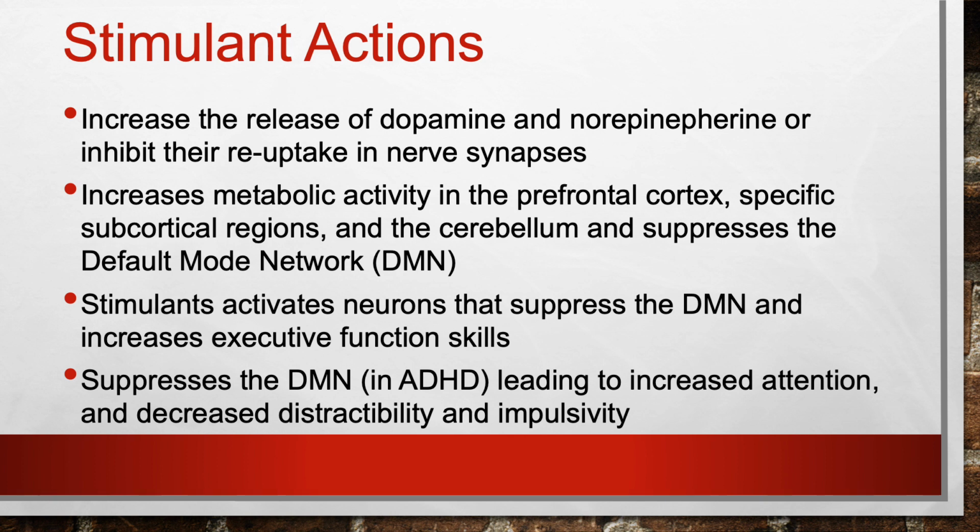Prescription stimulants increase the activity of the brain chemicals dopamine and norepinephrine in the prefrontal cortex and elsewhere. Stimulants increase the release of certain neurotransmitters, most notably dopamine and norepinephrine, and block or slow up how much of these chemicals are being reabsorbed back into the neuron from which they were released.